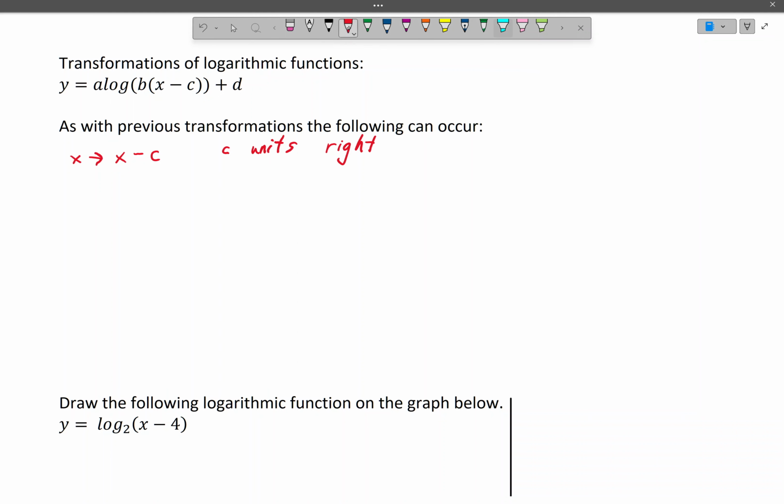If we deal with the d value, this would be y turning into y minus d, because that d would move over to the other side for it to be replaced. So we're moving d units up.